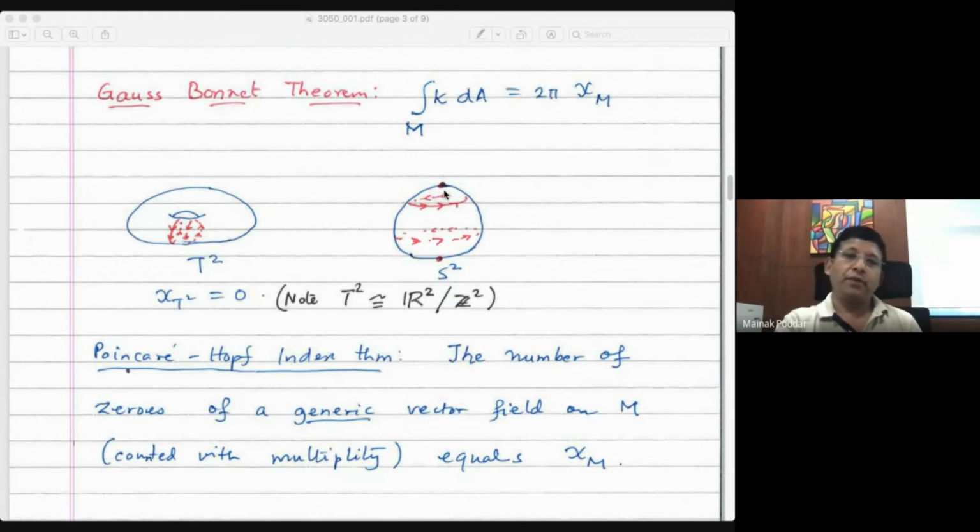And as you go towards the north and south pole, the lengths of these circles, of course, become smaller and smaller. And then at the north and south pole, the only way to keep this assignment of tangent vectors continuous is to have the zero vector at both north and south pole.